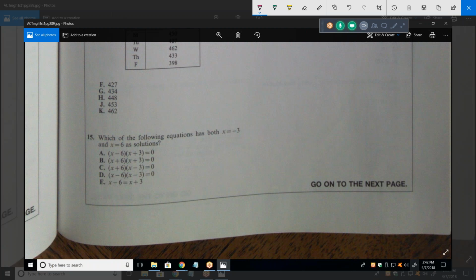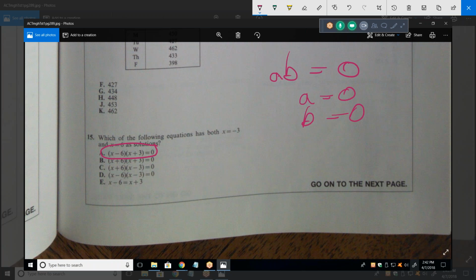Whereas this, let's just talk about that for a moment. There's a property in algebra that is probably the most important property of all of algebra. And that says if I have 2 numbers multiplied together and they are equal to 0, one of those numbers has to be 0. In fact, the way I'm going to solve it is I'm going to say A equals 0 and B equals 0.